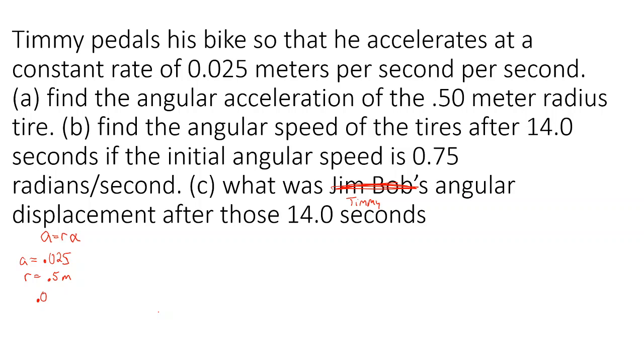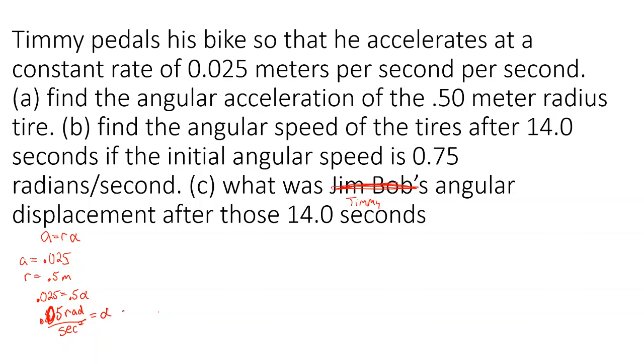We can say 0.025 equals 0.5 alpha. So we go 0.025 divided by 0.5, and we get 0.05 radians per second squared as being alpha.